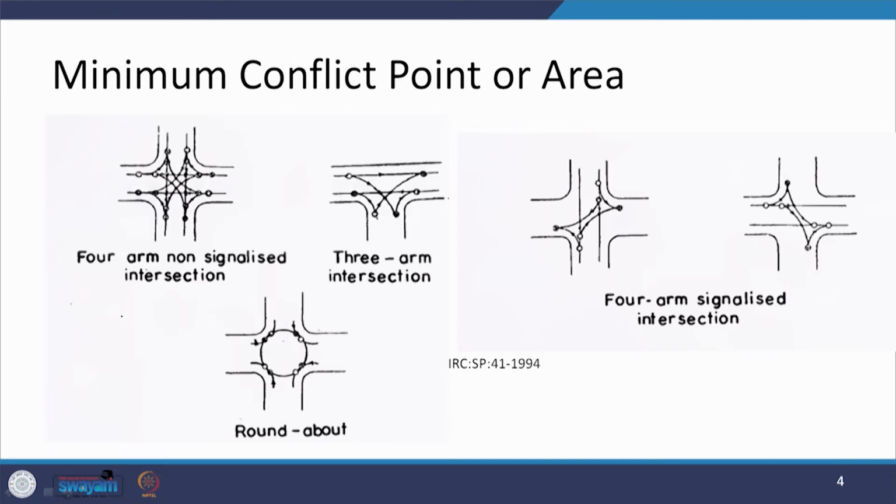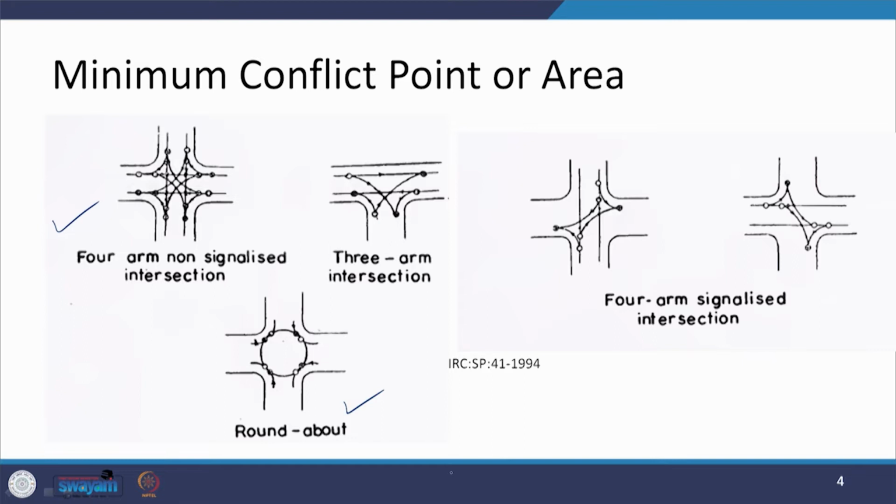Say if you are talking about this 4-legged intersection where no controls have been applied and all types of movements are being allowed, then it can go as high as 32 conflicts, which can be categorized into different categories like diverging, merging, and the various movements which are crossing movements, etc. But when you go for a roundabout, then the number of those conflicting points reduces.